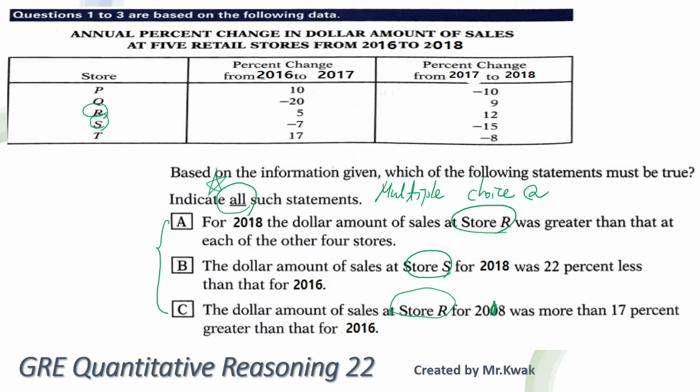So why don't we write it this way? And then let's try to figure out the numbers and compare them. For all of R, S, T, the index of 2016 can be written as 1. And then we can compare the amounts from the table.